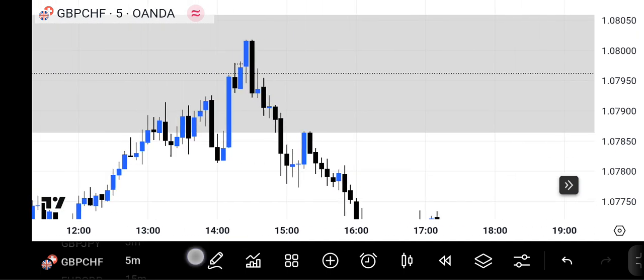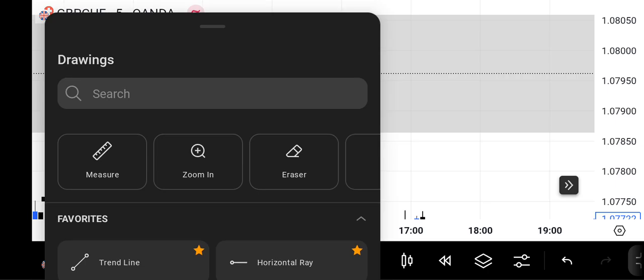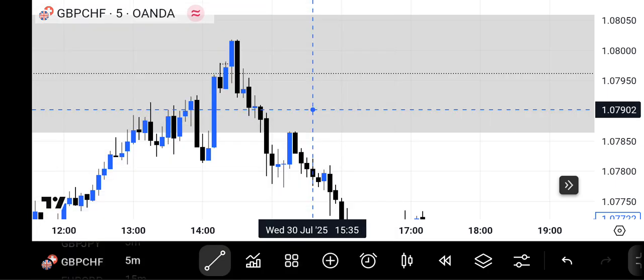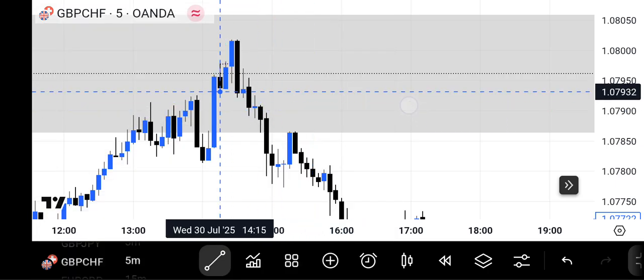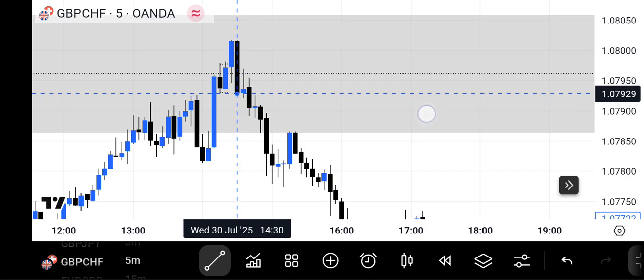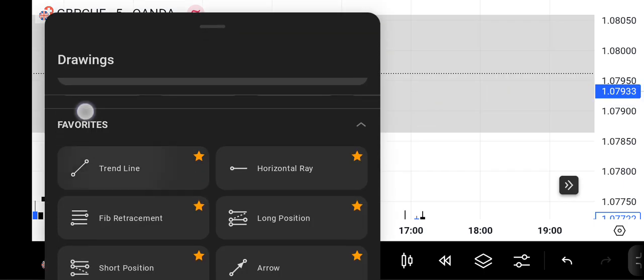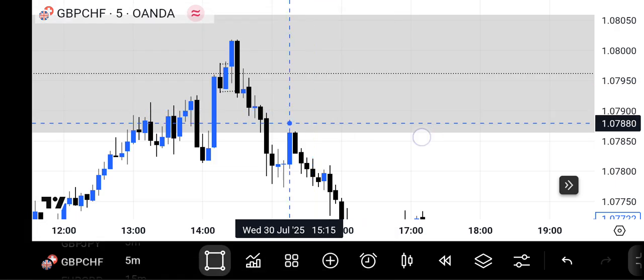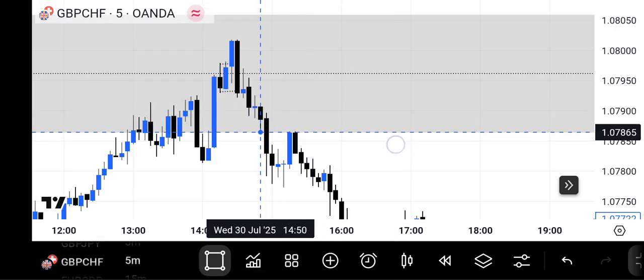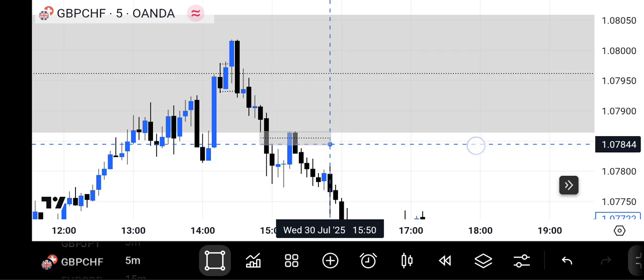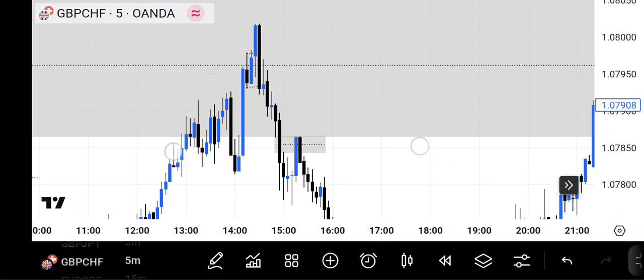And then this is a break of structure. I'll be change of character. Change of character. Fair value gap. And then willingness to sell.